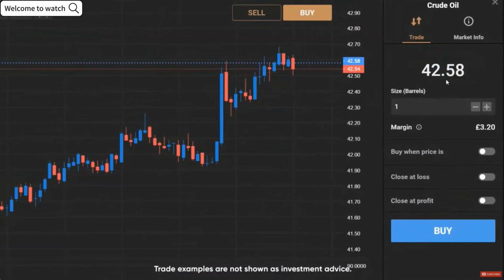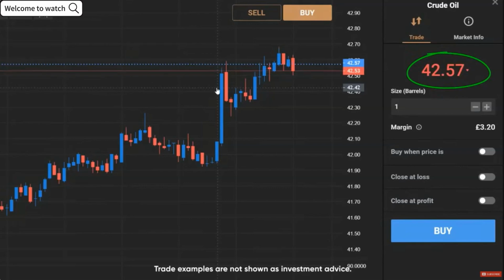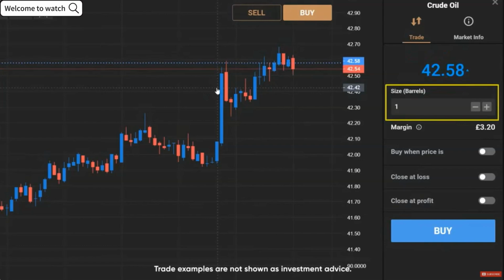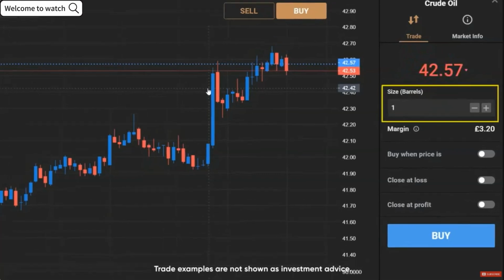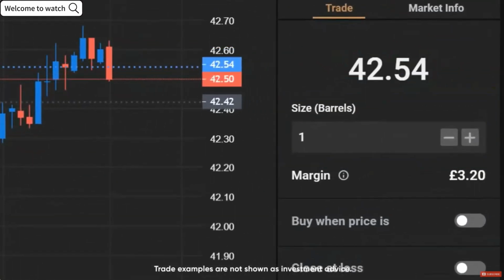The price is currently $42.58. Clearly, it will keep updating as the price is moving around. So in essence, I'm buying 1 barrel of oil. I've put my size in there. I'm buying 1 barrel of oil, but I'm not tying up $42.58 from my account because I'm trading on margin. I'm using leverage. I'm only tying up my initial margin here.